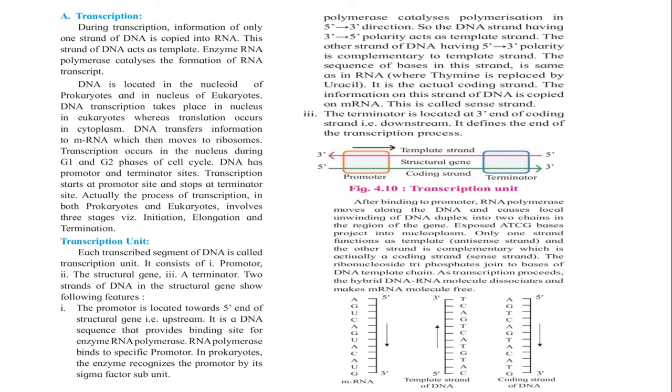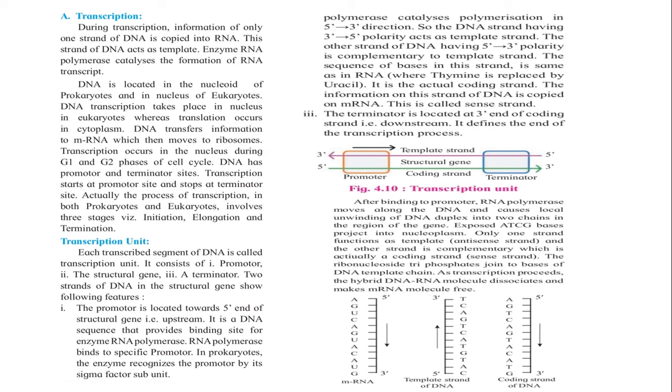Each segment of DNA is called a transcription unit. It consists of promoter, structural gene and terminator. The two strands of DNA in the structural gene show the following features. The promoter is located towards the 5' end of the structural gene, that is, upstream.